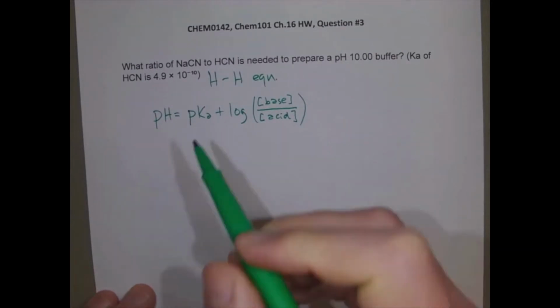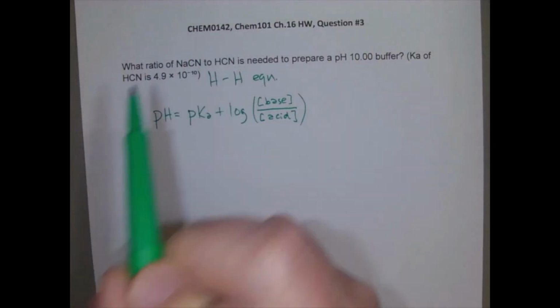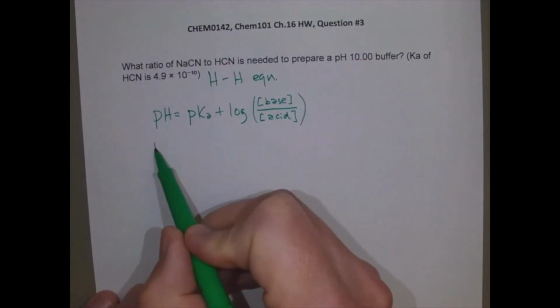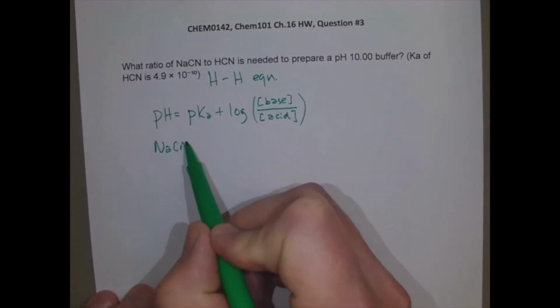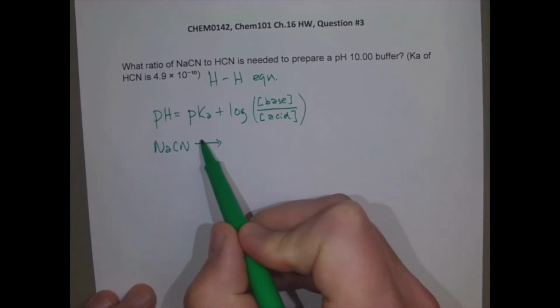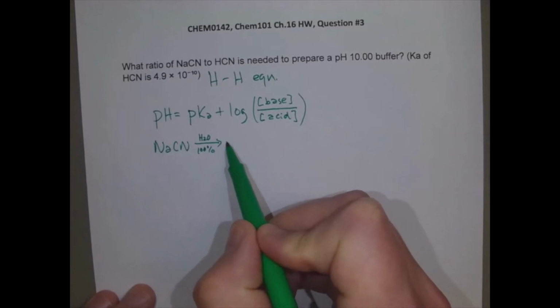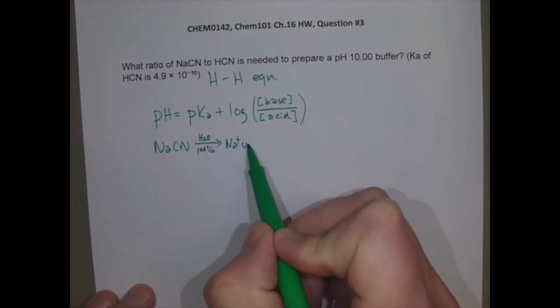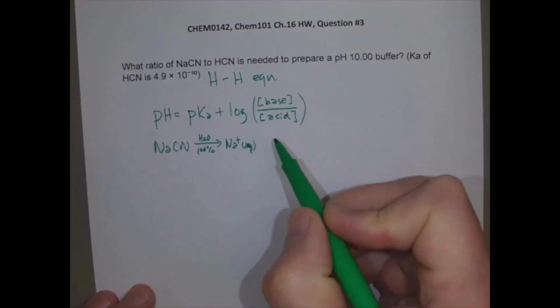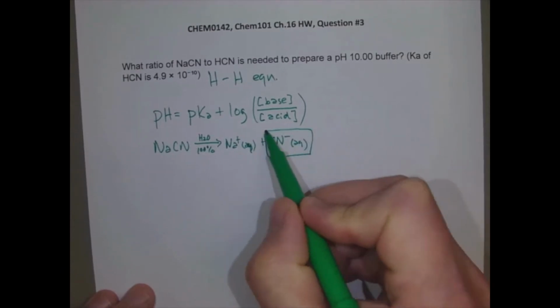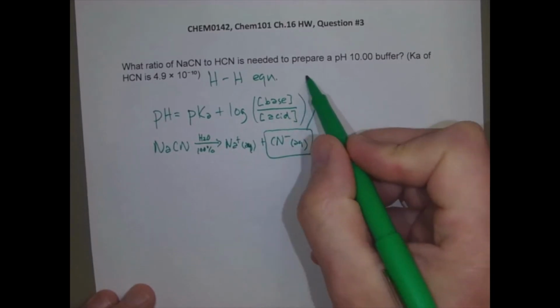So let's identify, we've got two components here, this one and this one. Which one is the base and which one is the acid? Well, the sodium cyanide is a soluble ionic compound, so when you put it in water, 100% of it is going to break apart into its component ions, and you're going to get sodium ions, aqueous, but the more important ion is the cyanide ion, aqueous, because that is your base.